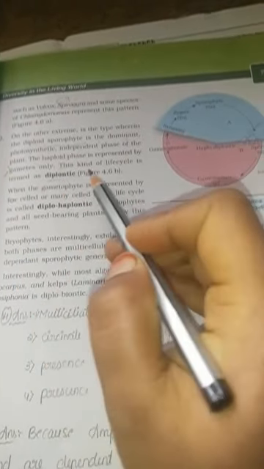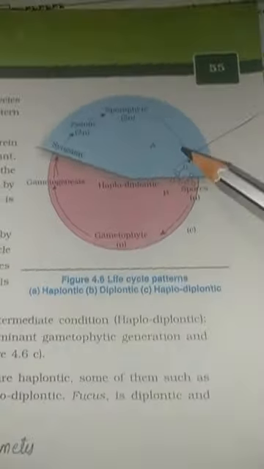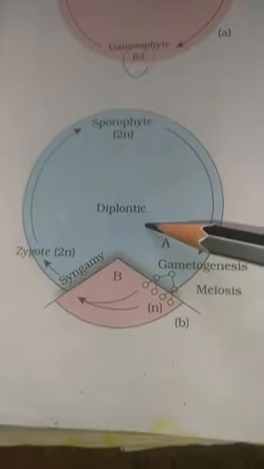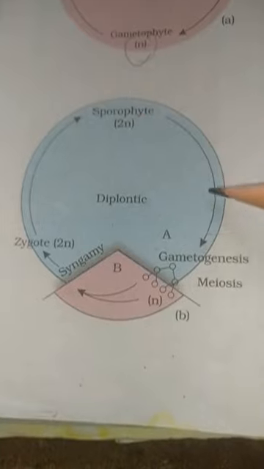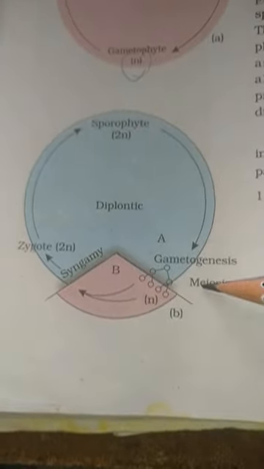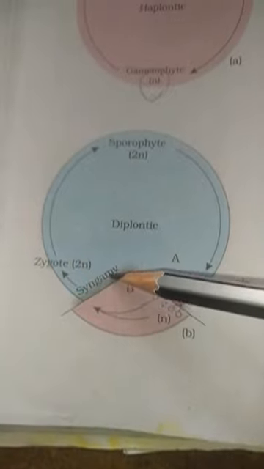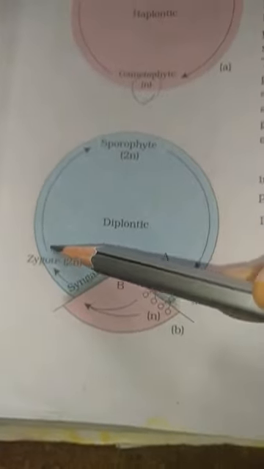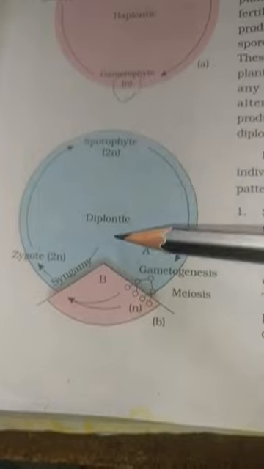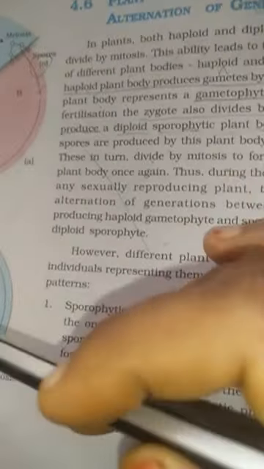Sorry, I mean the gametes undergo syngamy, that is fertilization, to form the zygote, and from the zygote the sporophytes are formed. So this is diplontic.